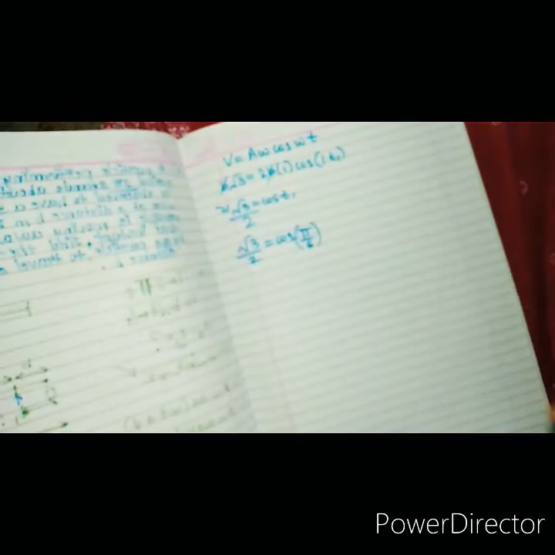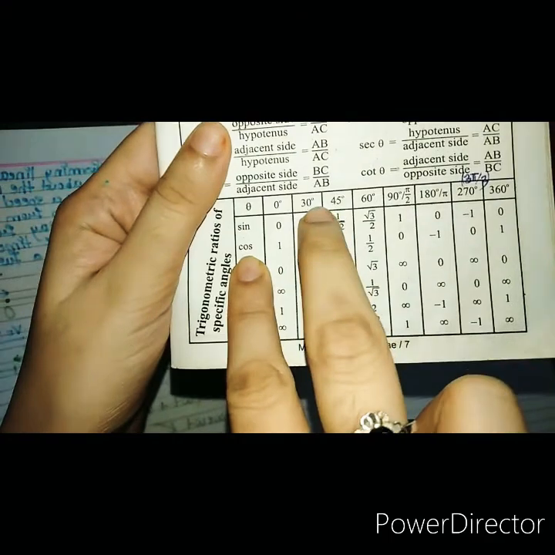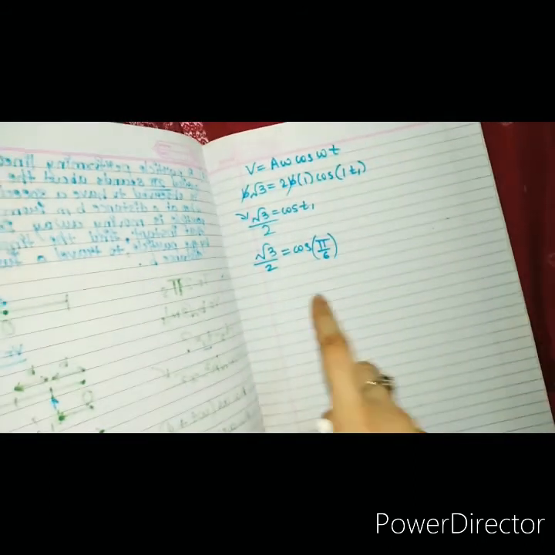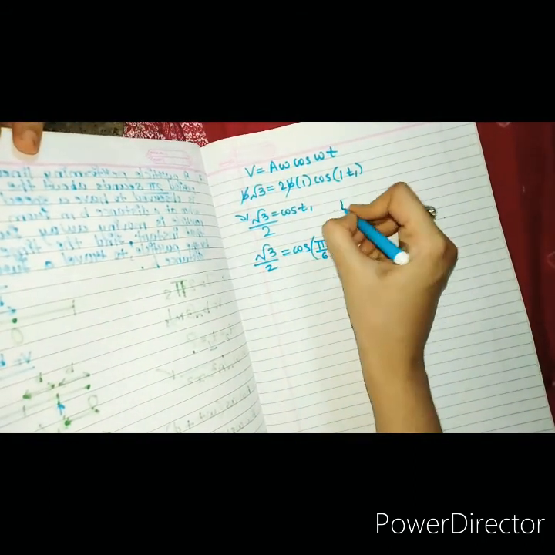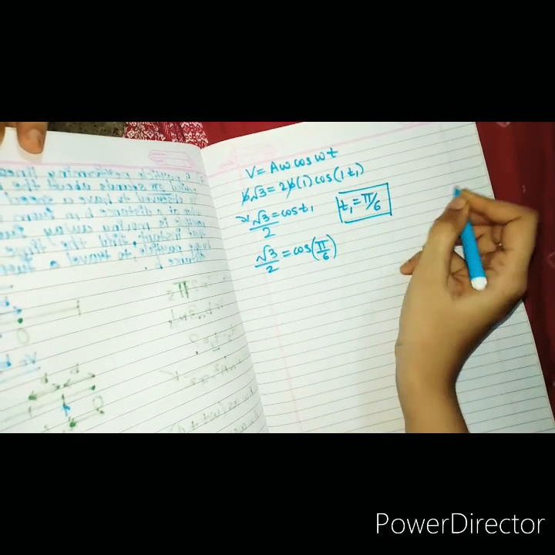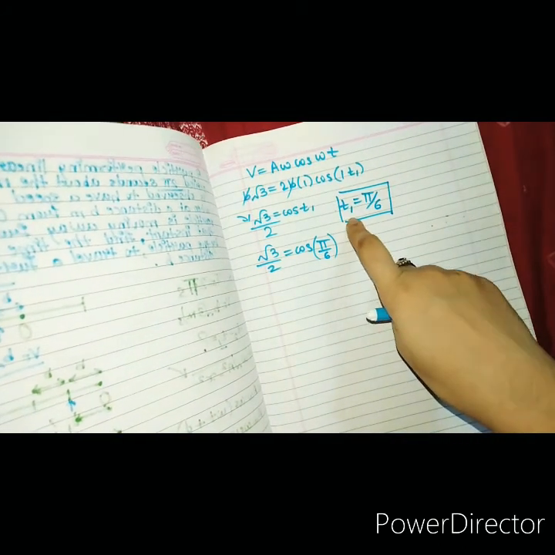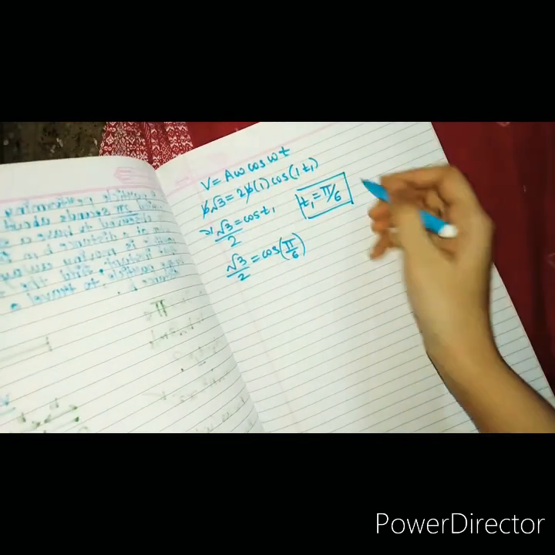Pi by 6. Just now I showed it to you: cos 30 degrees, cos pi by 6, gives me root 3 by 2. Compare. So t1 is pi by 6. We have successfully got t1.